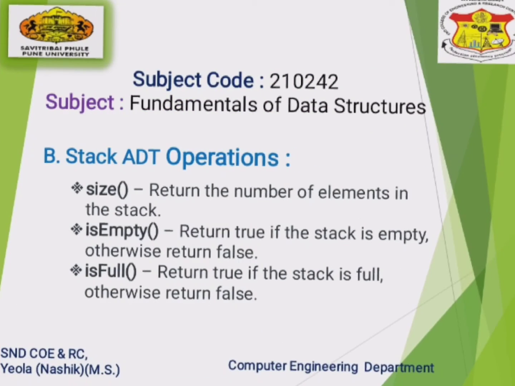Fourth, size. Return the number of elements in the stack. Fifth is empty. Return true if the stack is empty, otherwise return false. Sixth is full. Return true if the stack is full, otherwise return false.